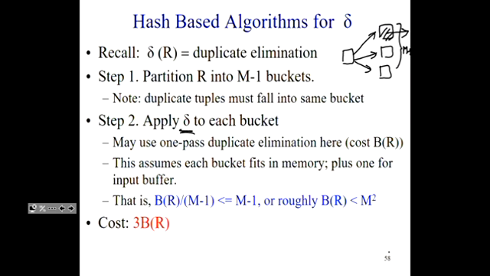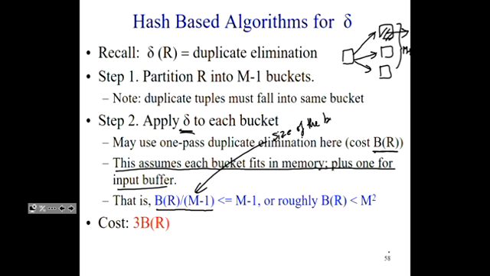The cost of that, if you remember, was B(R). This one-pass strategy assumes that each bucket fits in memory, plus you have one for the input buffer.